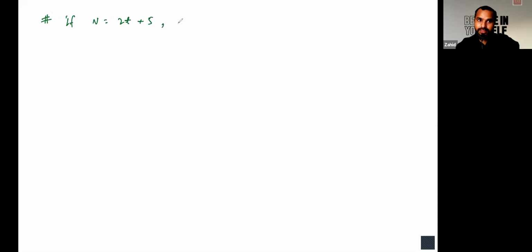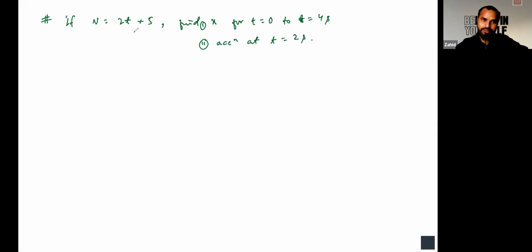Find the displacement from t equals 0 to t equals 4 seconds, and also the acceleration at t equals 2 seconds. So from the same function, we have to calculate two different terms. How to start?